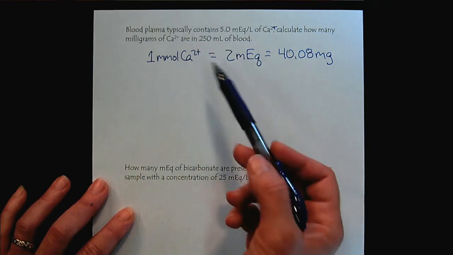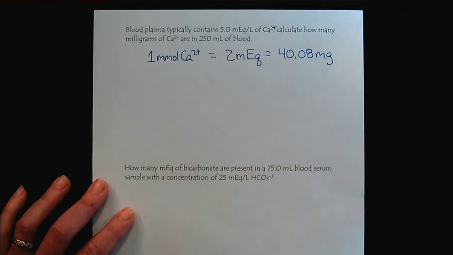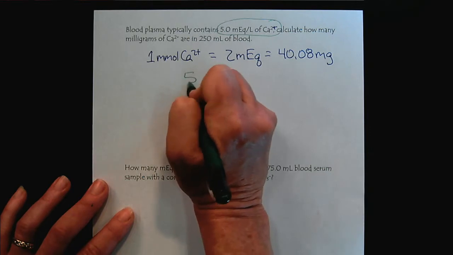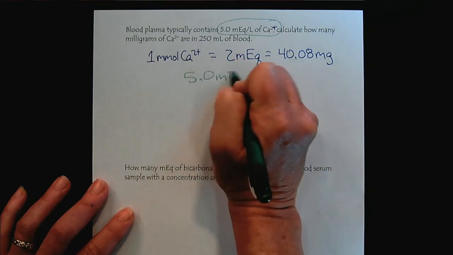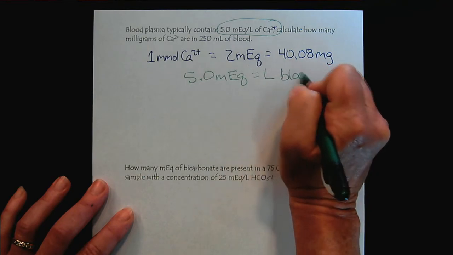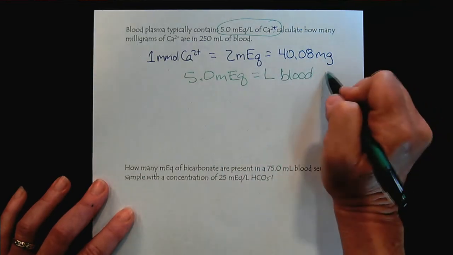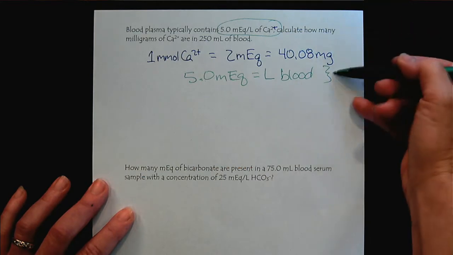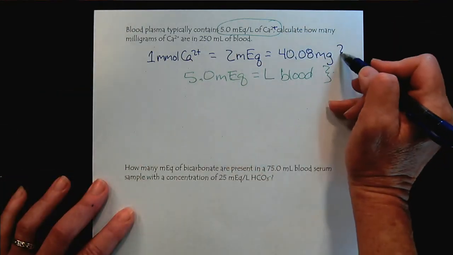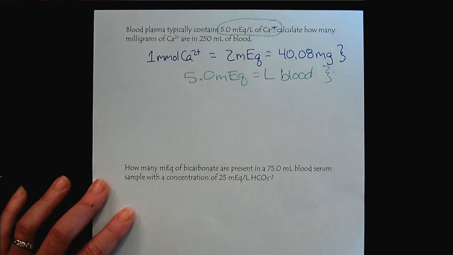All right, so the other piece of information we have is right here, that we have 5 milliequivalents per liter of blood. This information came from the question, and this top information came from our understanding of equivalence.